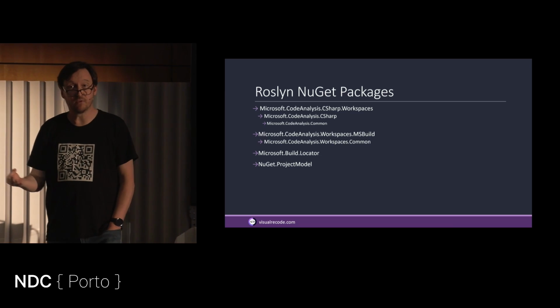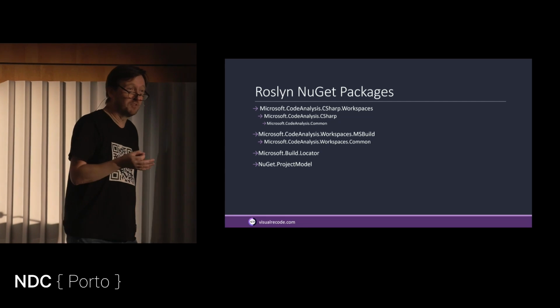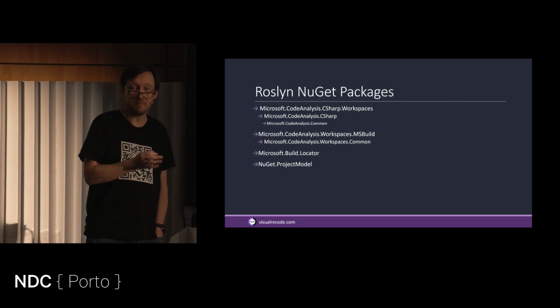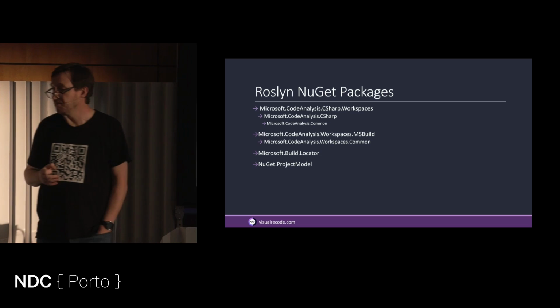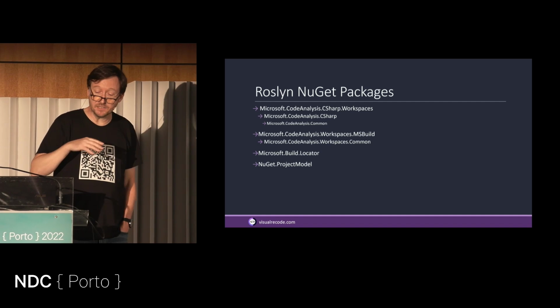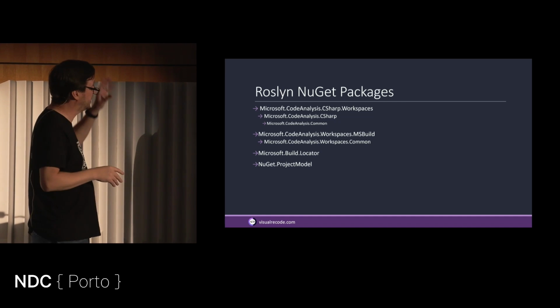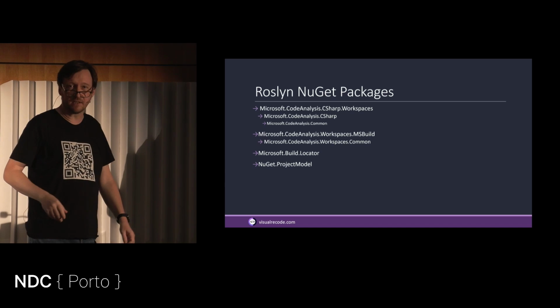And so they rewrote the C# compiler in C#, yay, and they rewrote the VB.NET compiler in VB.NET, which serves them right, and they put it all up on NuGet. And so most of the Roslyn packages start with Microsoft.CodeAnalysis.